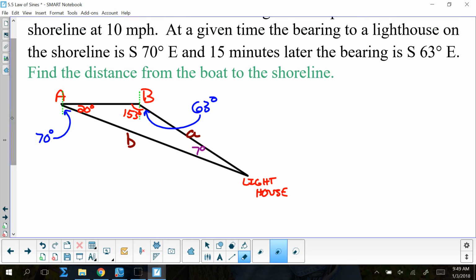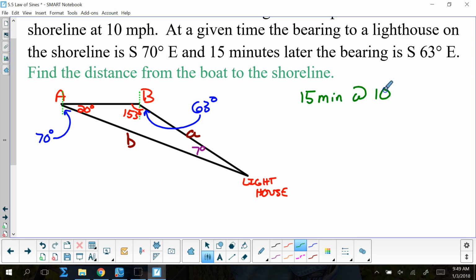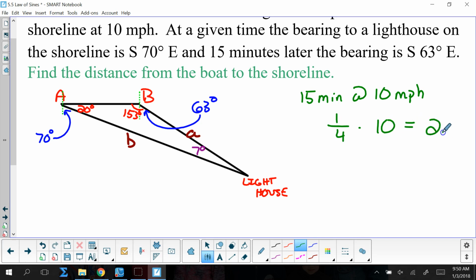The boat is traveling at 10 miles per hour for 15 minutes. Well, what part of an hour is 15 minutes? It's a quarter, right? So 1/4 times 10 miles per hour tells me that the boat traveled 2.5 miles. That's a fast-moving sailboat. So this is 2.5.